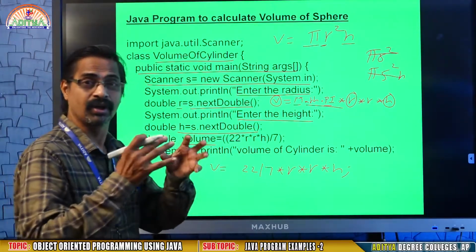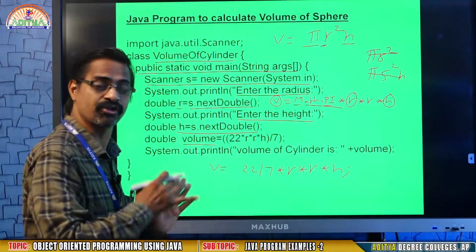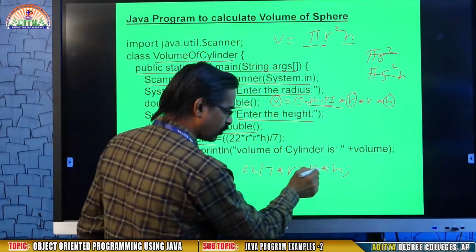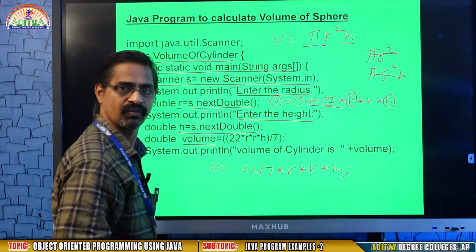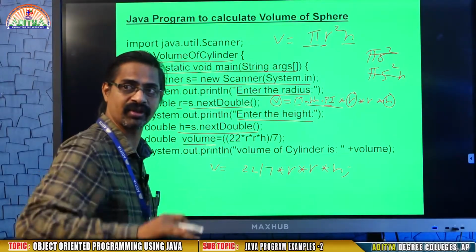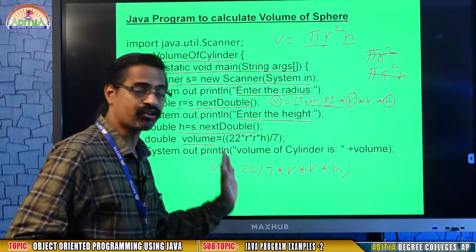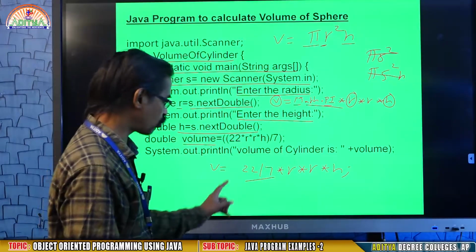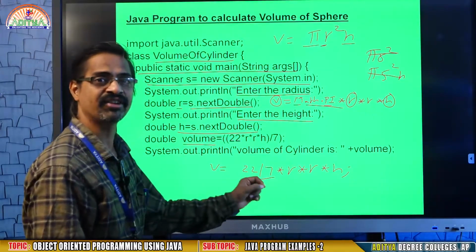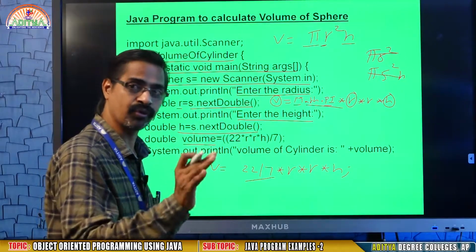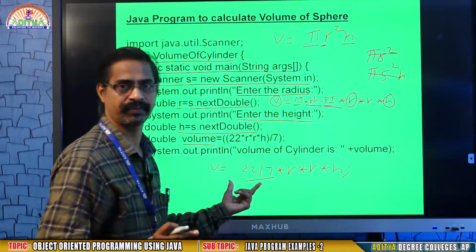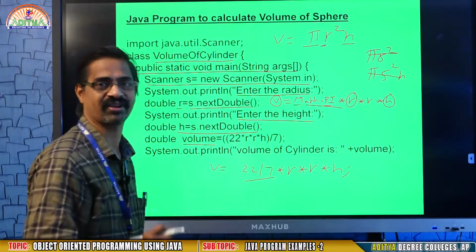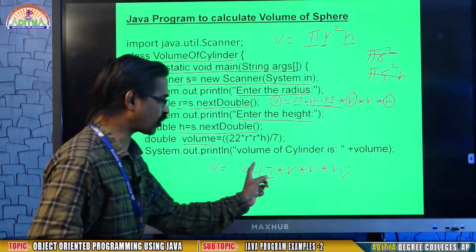This is most important, you must understand it so that it will be useful later on. Here, according to BODMAS rule, division and multiplication all have the same priority. When same priority operators are available in an expression, it proceeds from left to right. So the first one, 22 by 7, will be calculated. 22 by 7 means integer by integer, always integer. Instead of 3.14, it gives 3 only. 3 into radius you get an answer, but not the exact fractional answer. That's why I am not writing like this.